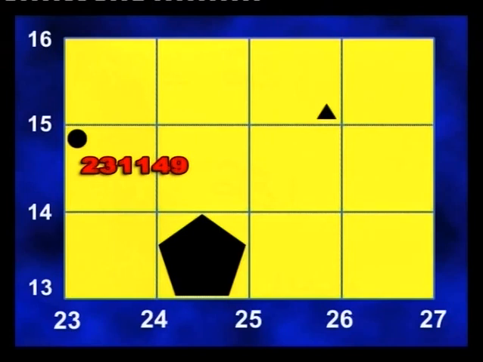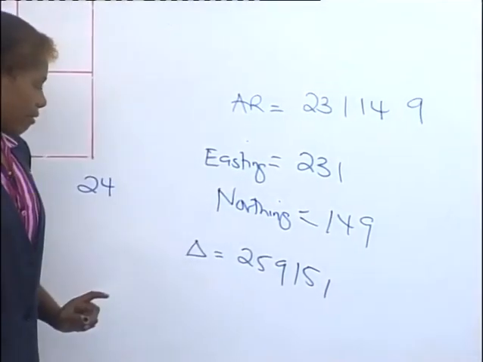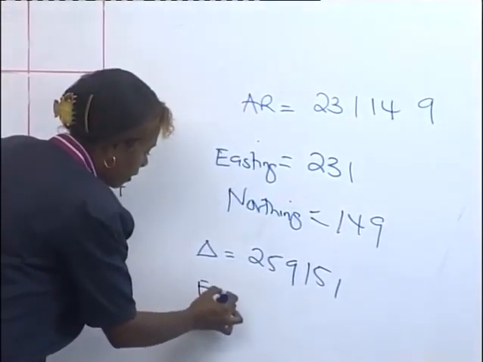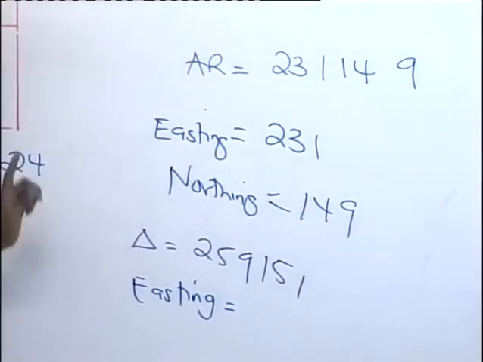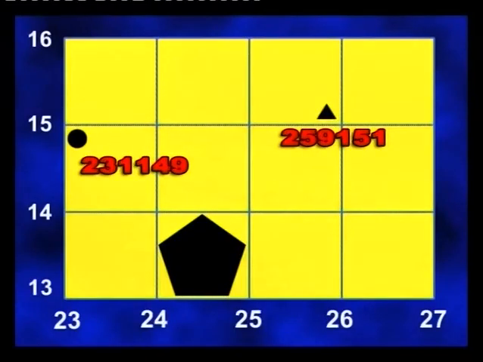25, 9, 15, 1. 259151. All right, again, this is how you got your answer. Easting, all right, look at the easting first. The triangle is 25.